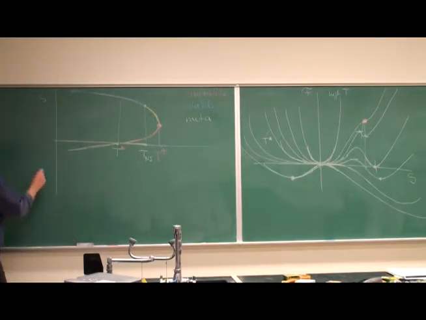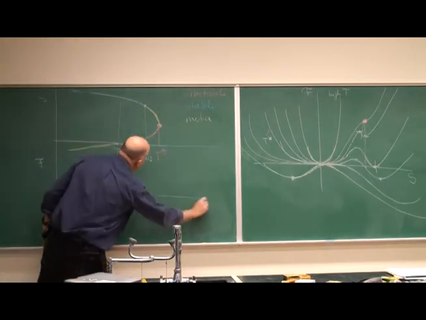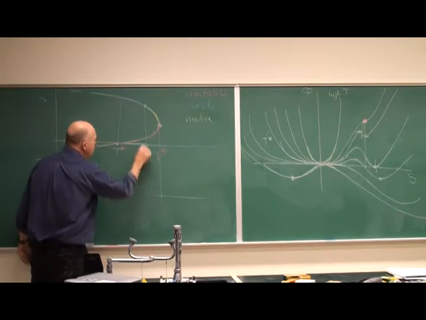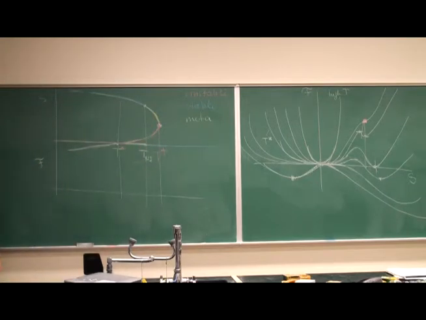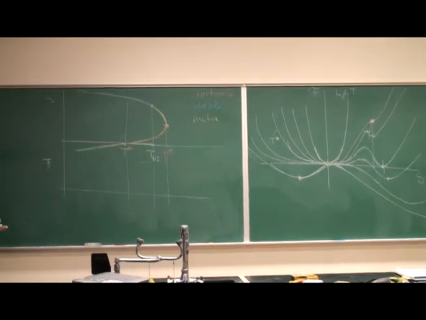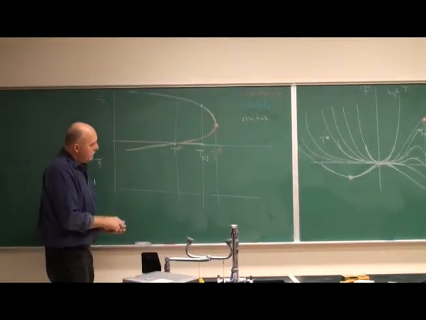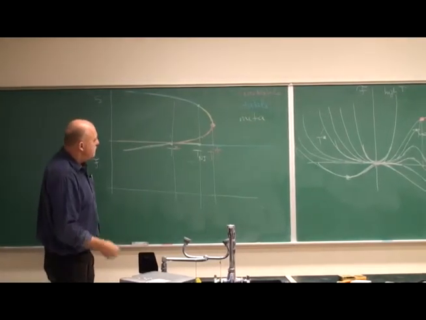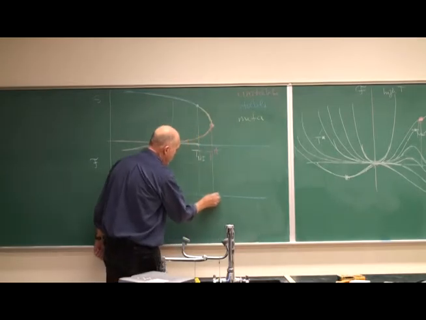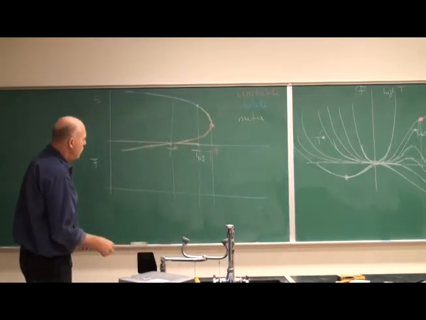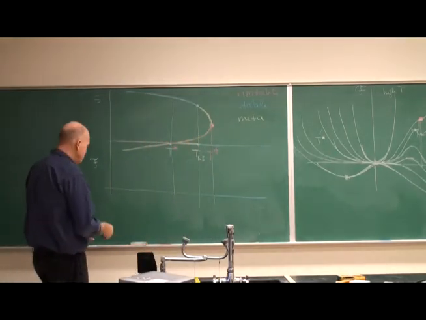Now let me plot the free energy here, just to make it interesting. So we have these temperatures here, and the free energy of the zero solution is just zero, so that's easy to plot. And in fact, it stays zero.